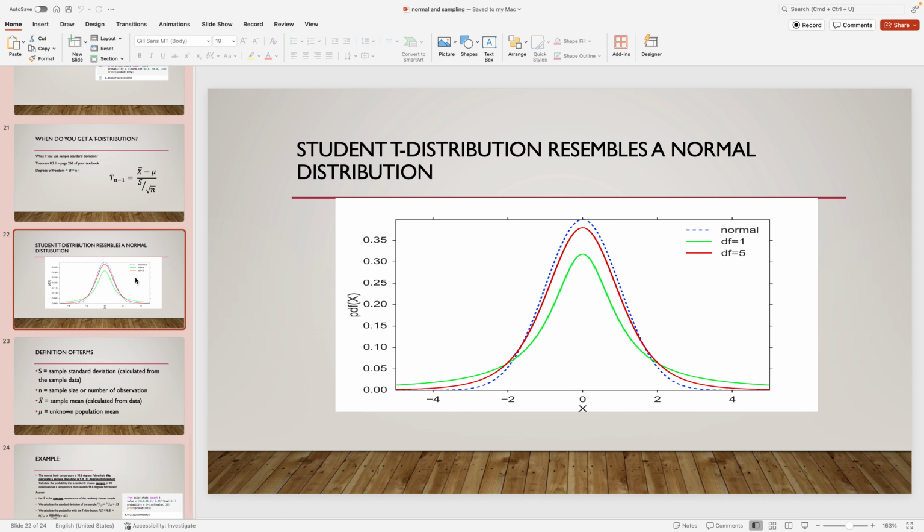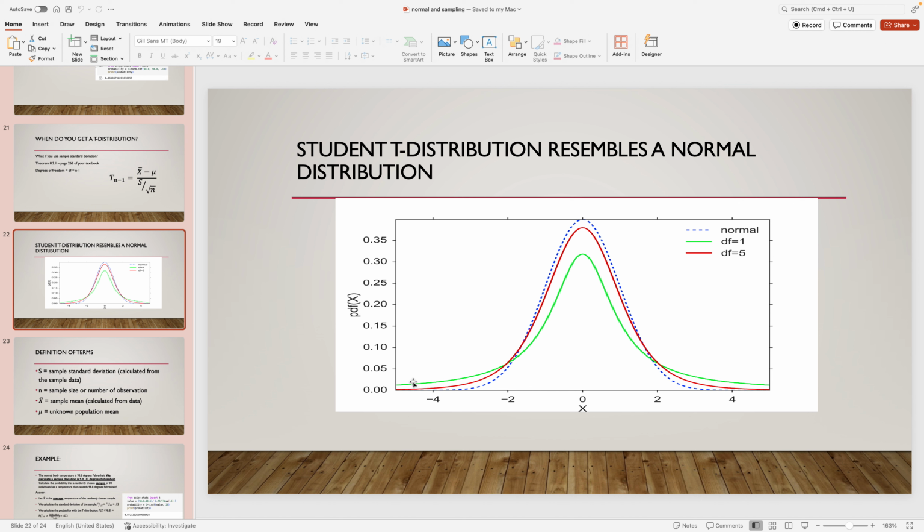It shouldn't shock us that the t-distribution is related to the normal distribution, because as my sample size increases, I get a better and better estimate of the population standard deviation. So this converges to a normal distribution. The key difference is that the t-distribution has what's called a fatter tail.